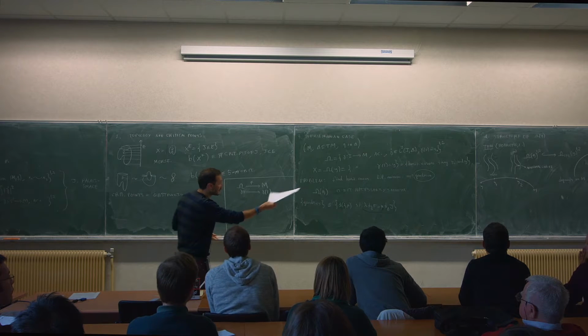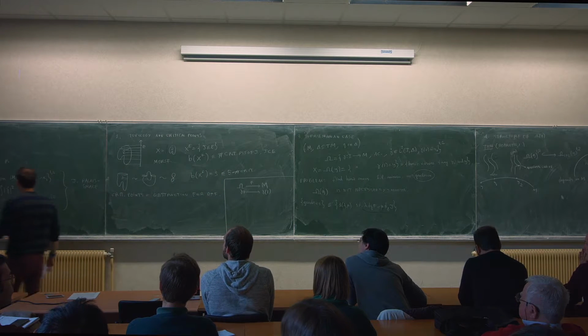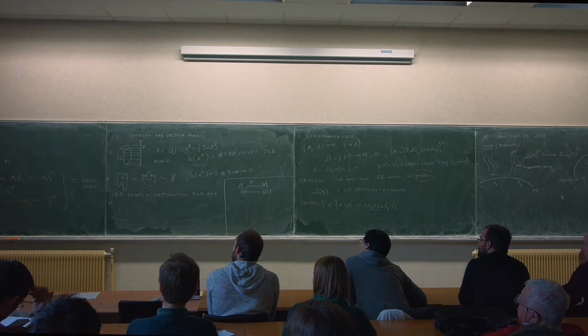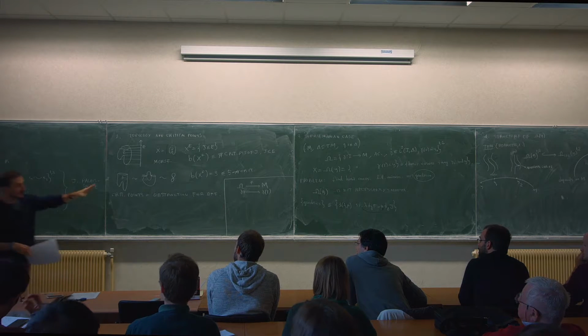Because after all, that theorem does not use the differential structure of this. It only uses the homotopy groups or the Betti numbers of this, and they are all the same. It doesn't matter if it's horizontal or not. Okay, but of course, if it's singular, it's something more delicate.